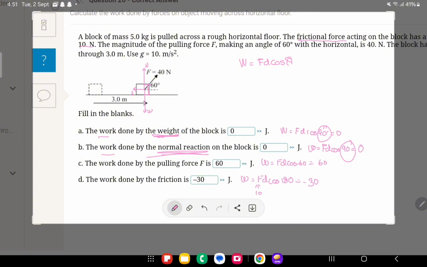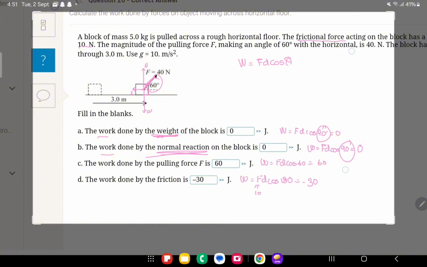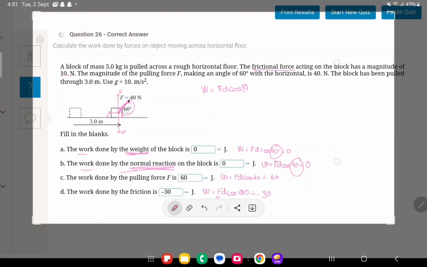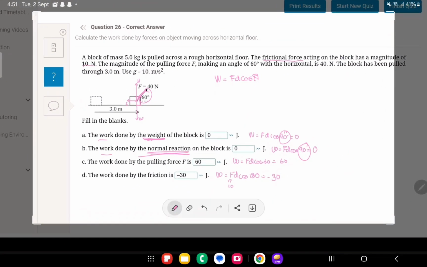When they tell you the work done by the pushing force, it's just the regular force, which is at 60 degrees. But for the work done by the friction, they gave you what the frictional force is, which is 10.